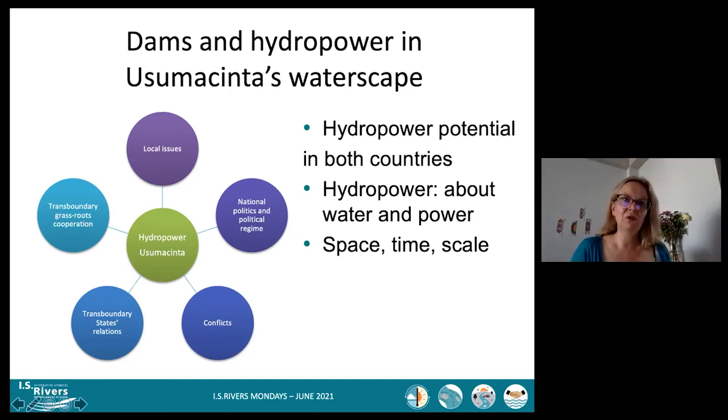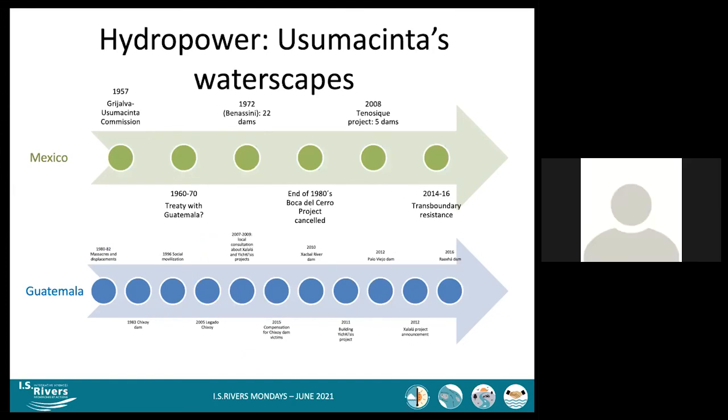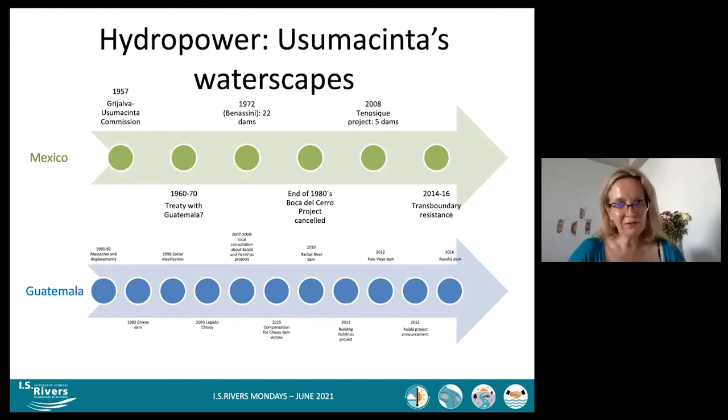So they can be sources of conflict, but can also make it possible to build transborder cooperation between the opponents of the dam in all parts of the river basin, as we can see on this slide. So only 3 minutes left.